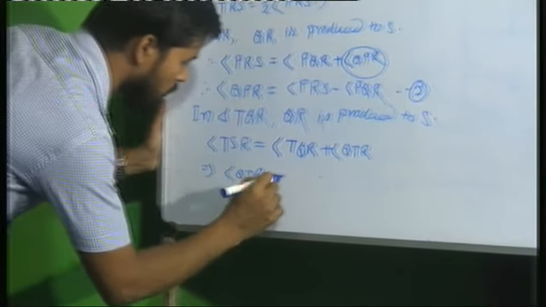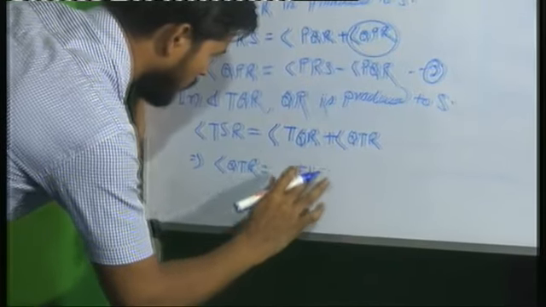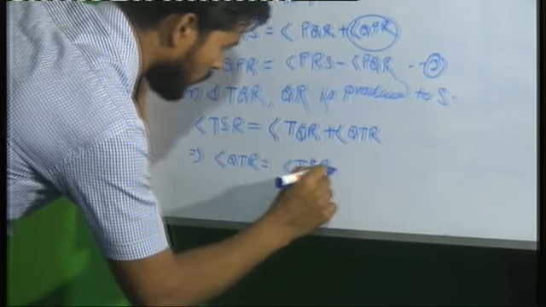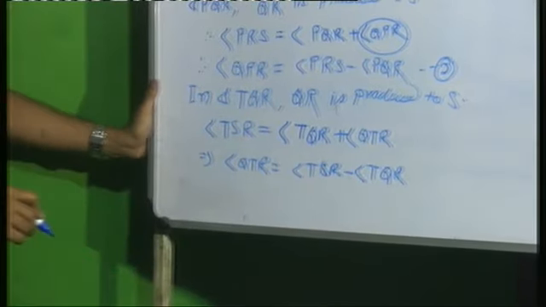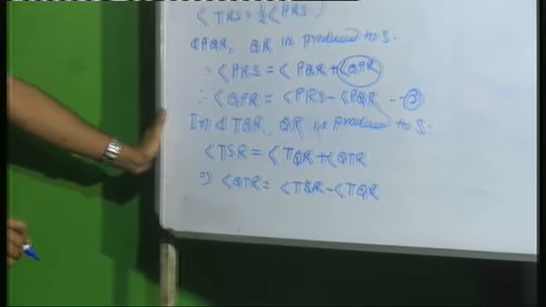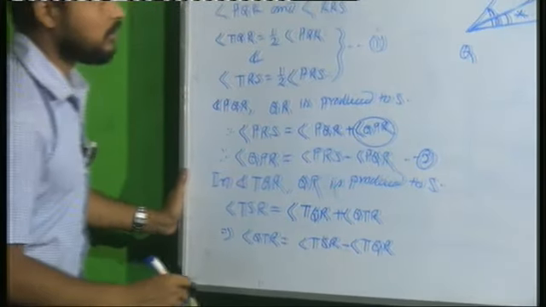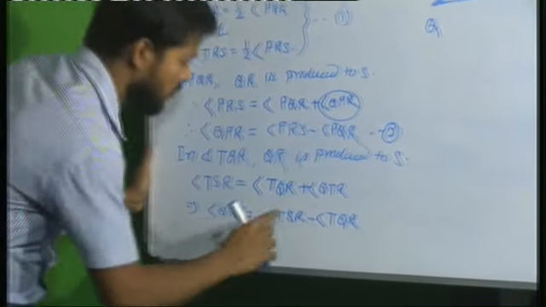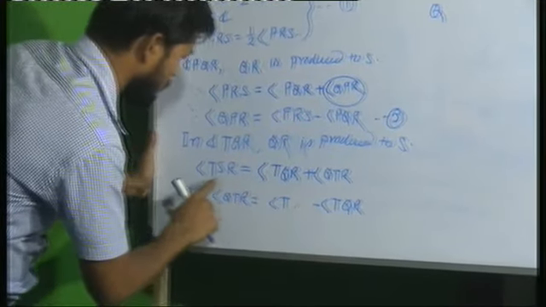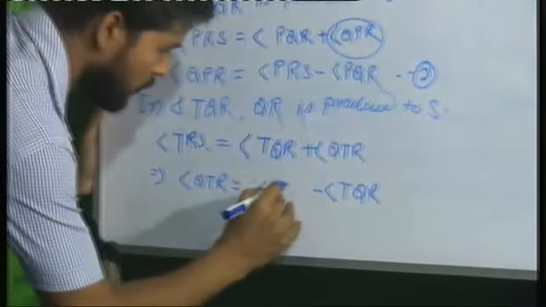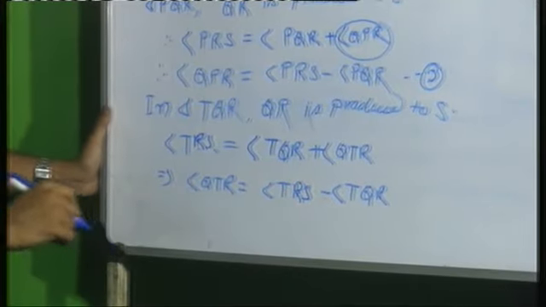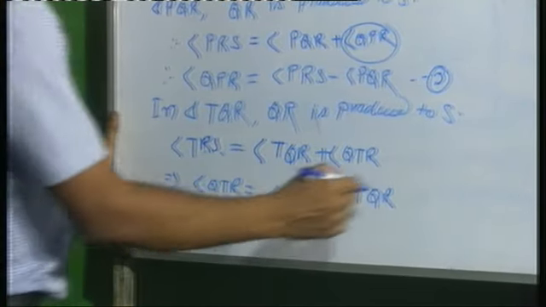So angle QTR is equal to exterior angle TRS minus angle TQR. Sorry, it is TRS, not TSR.